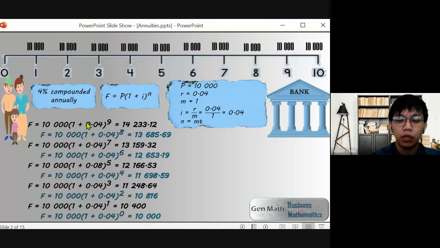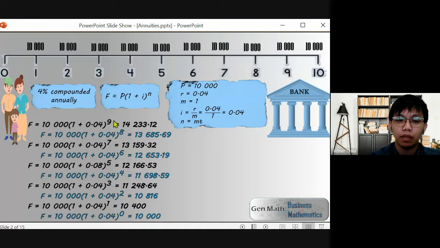First, we're going to substitute the given values to the formula. The value of P is given to be 10,000. Then just copy the 1. The 1 here is always constant; it doesn't change. Plus the rate of interest, or the value of i, is 0.04, raised to the length of time.